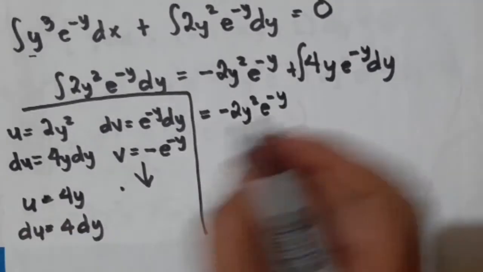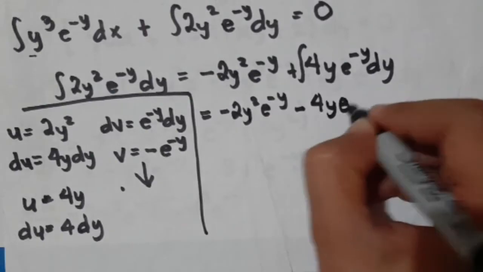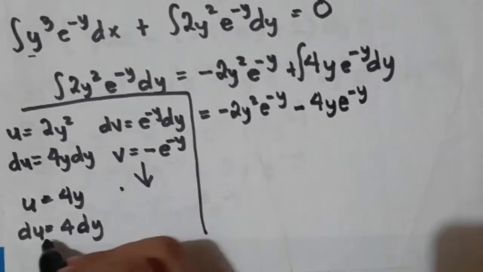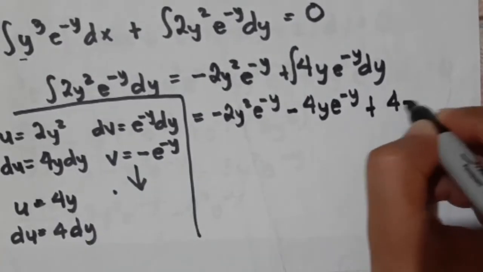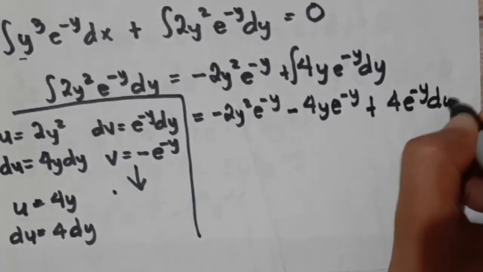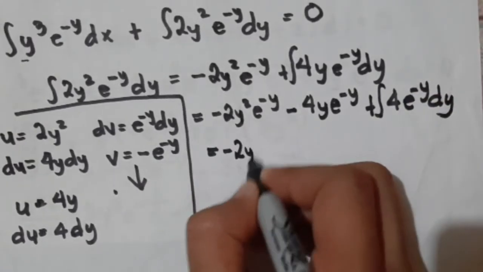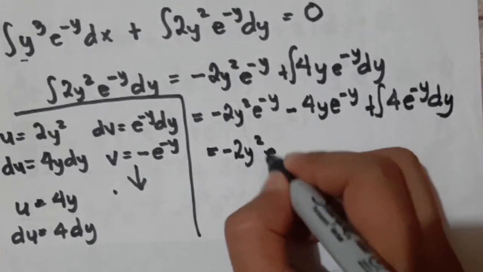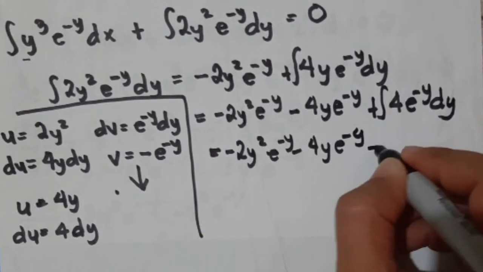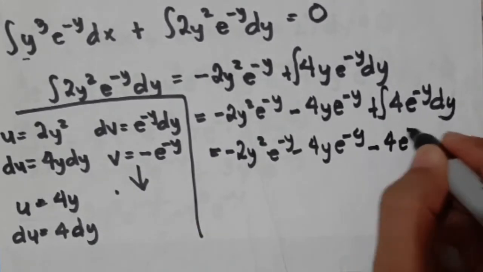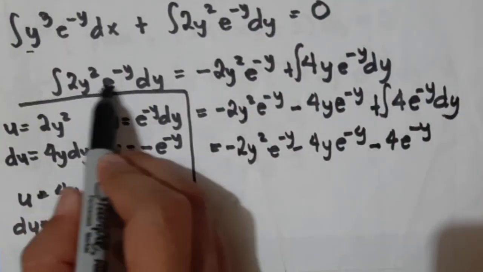We have uv, so minus 4y e negative y, and we have v du, so minus, that's plus integral of 4 e negative y dy. Integrate, that will result to negative 2y squared e negative y minus 4y e negative y minus 4e negative y. So this is our integral of 2y squared e negative y dy.